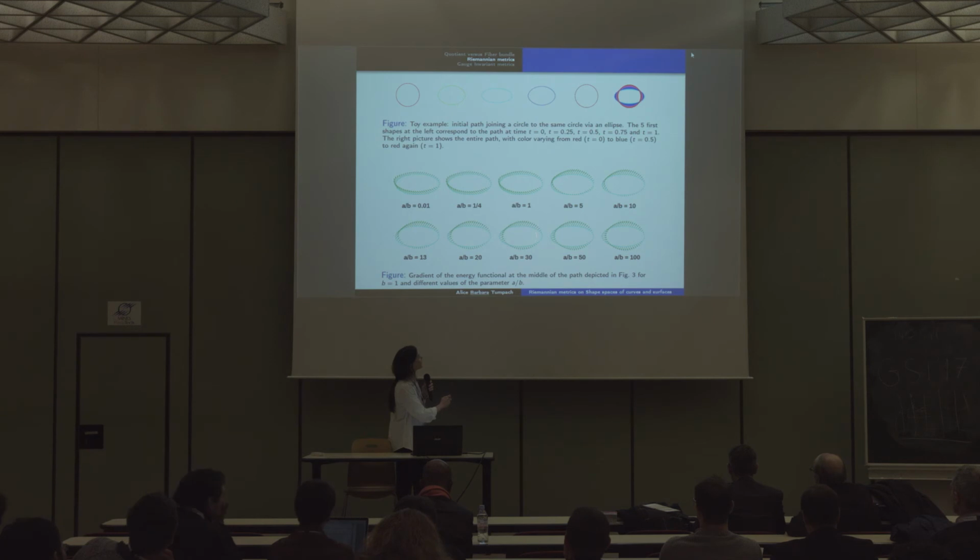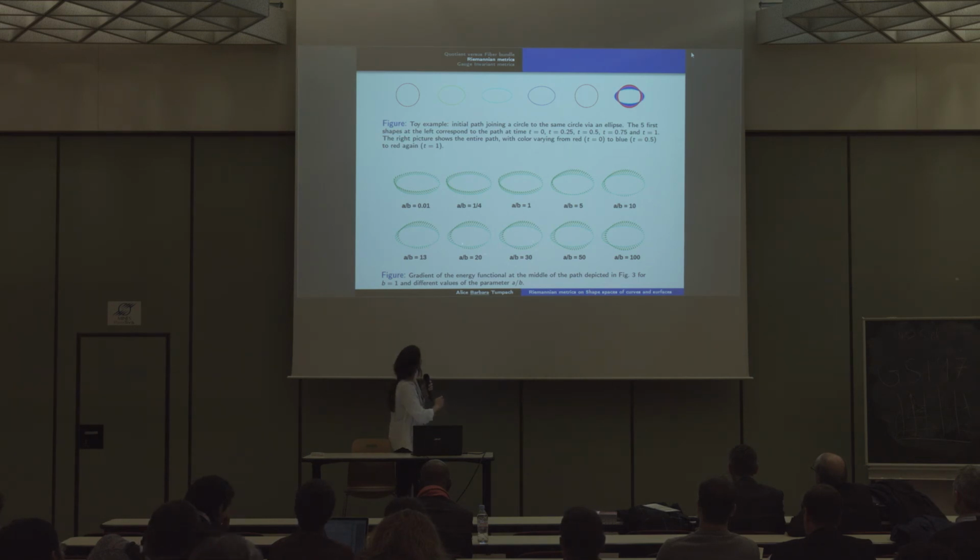That's exactly what we are expecting. From this path, we are expecting to go to the constant path, which joins the two circles. So we expect this kind of behavior.